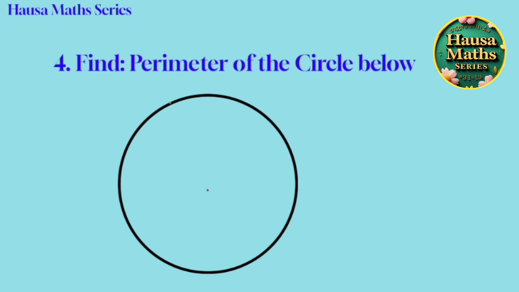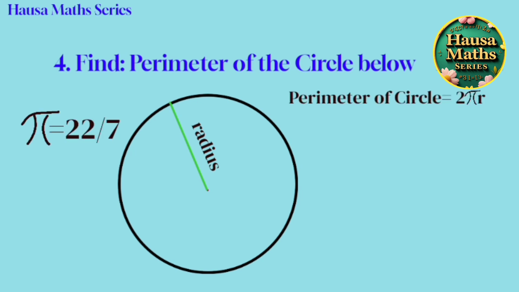This line that starts from the circumference of the circle to the center of the circle, like this one, is called radius. If you know the length of this one, you are going to find the perimeter using the formula. The formula for finding the perimeter of circle is different from the one we use in finding the area.